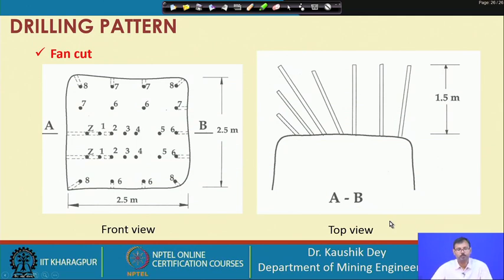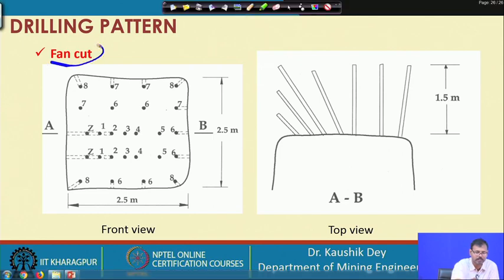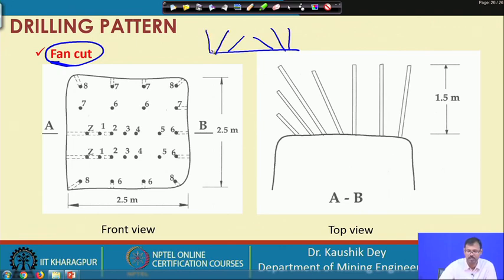Similarly, another half wedge cut is possible where the half wedge is formed in the horizontal wedge, and that cut is called fan cut. So, basically in fan cut, this is the horizontal wedge, these are the wedge spreaders.